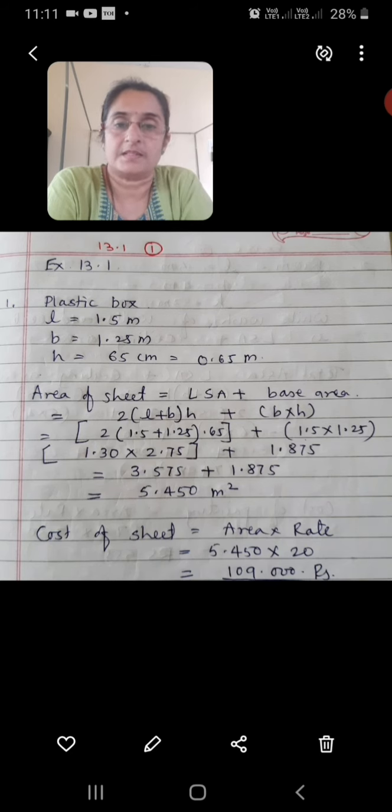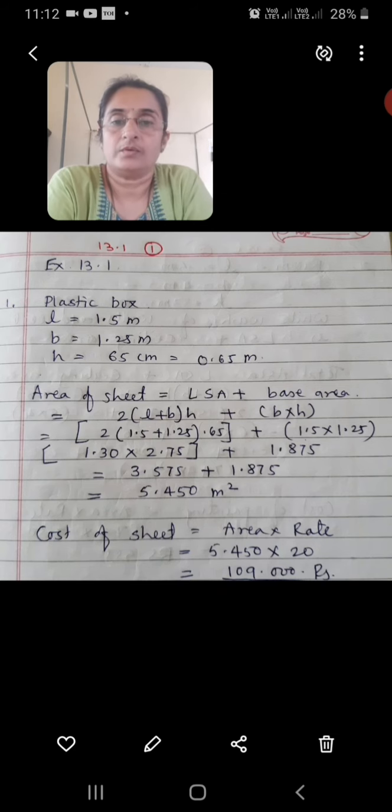Now in the first exercise we are going to learn the surface area of a cube and cuboid, and the lateral surface area of a cube and cuboid. If you take a cube or cuboid, how many surfaces will there be? There will be 6 surfaces, for a cube and cuboid both.